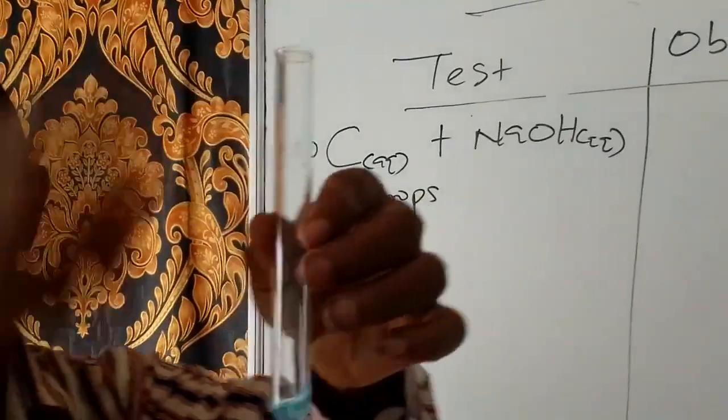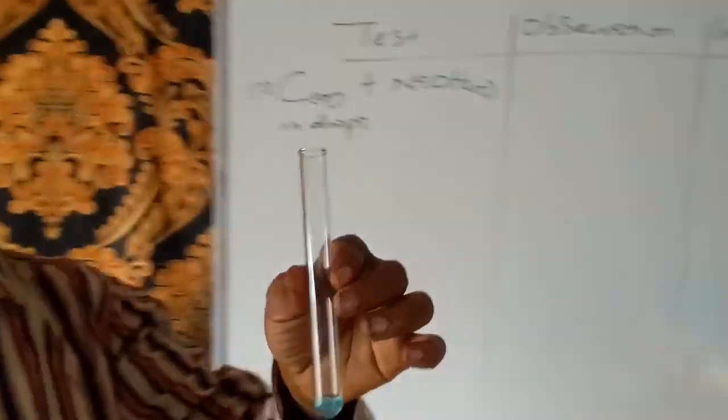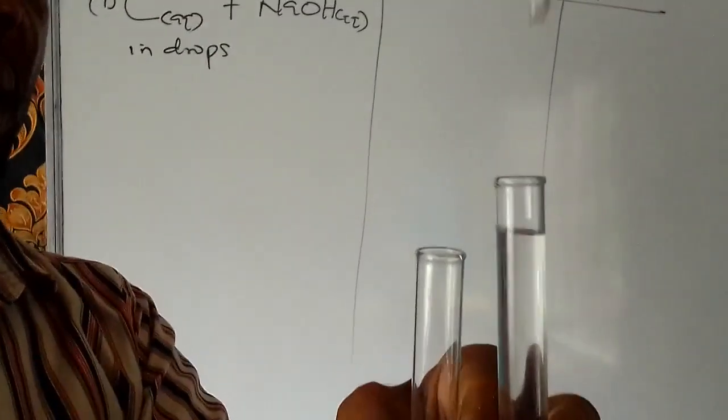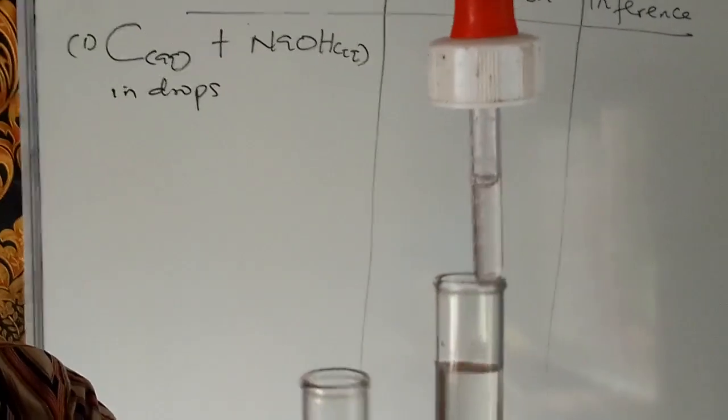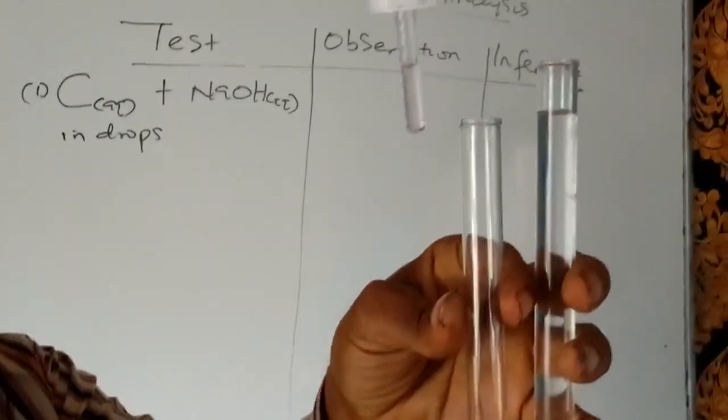So what I'll now do is go to the reagent table, and this is sodium hydroxide which I'm holding. I'll use a dropping pipette, press the rubber ending, collect the chemical, and then allow one drop to enter into it.